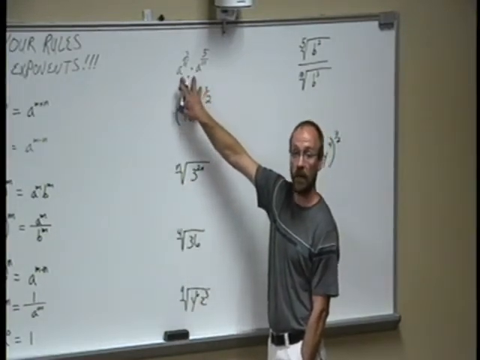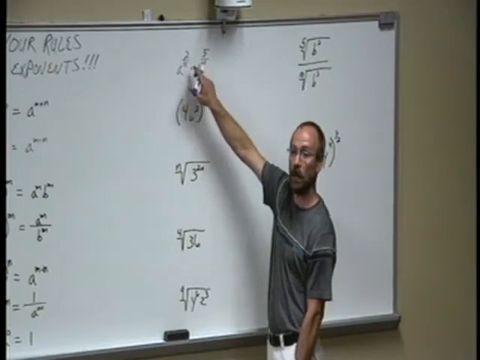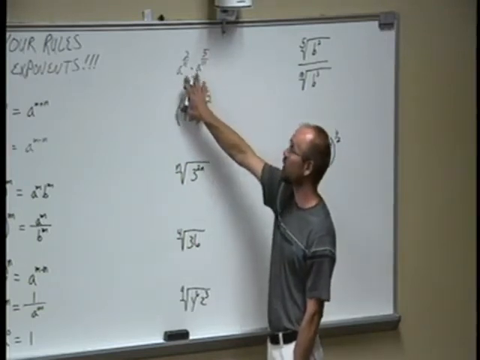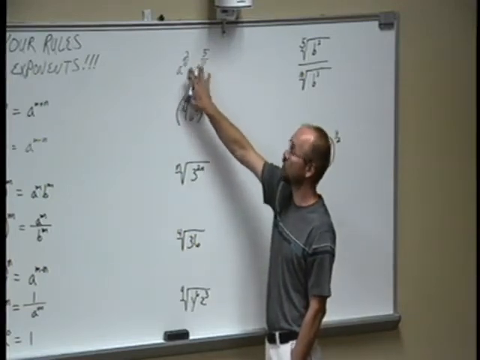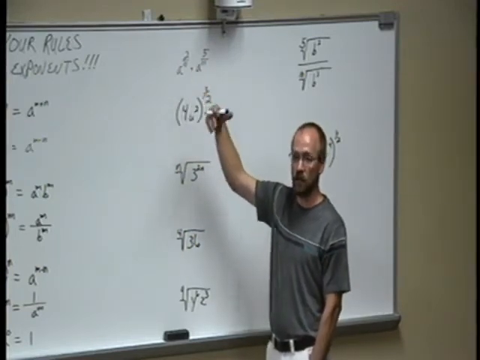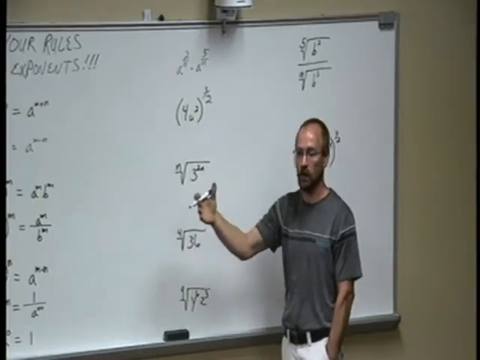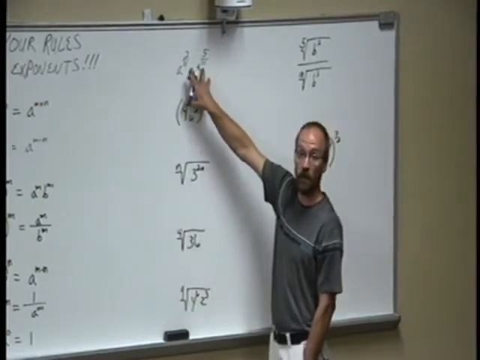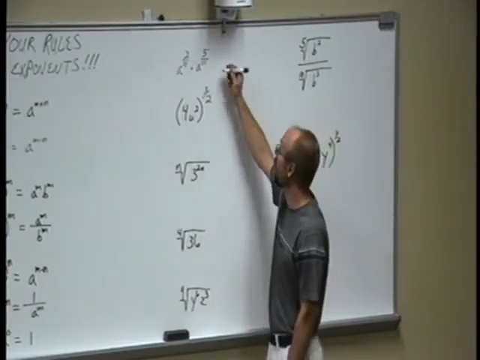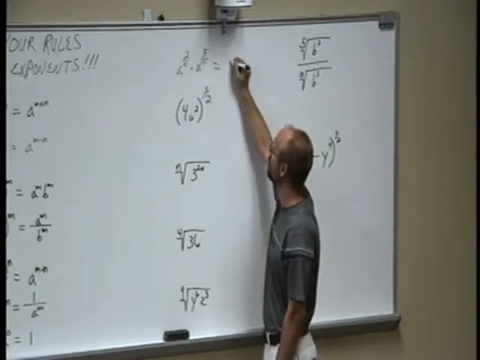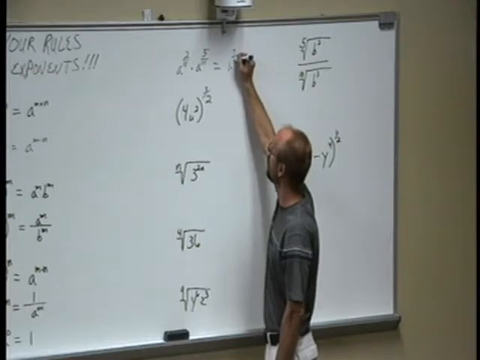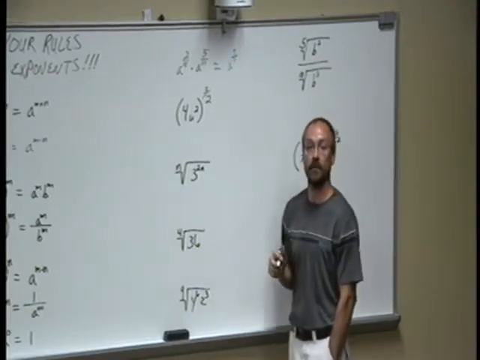We have the base a, the powers 2/11ths and 5/11ths. Well, we know when they have the same bases, we can just add them, right? Well, good news is they have the same denominator, because we still have to remember all those other rules of math where in order to add fractions, they have to have a common denominator, and we can see they do. So 2/11ths and 5/11ths is a total of 7/11ths. So we have a to the 7/11ths.